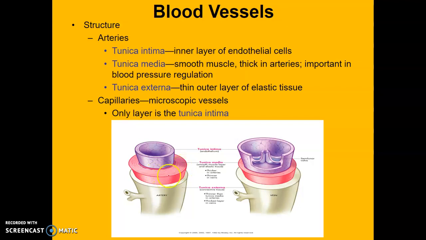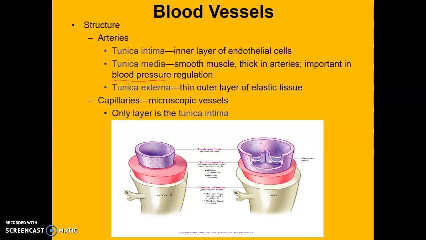The tunica media, smooth muscle, is very thickened in arteries, and what the tunica media is doing is controlling blood pressure. So if blood pressure is low, the tunica media will contract a little bit to make the artery a little bit more narrow, increasing blood pressure. If blood pressure is high, the tunica media can relax to bring blood pressure back down.